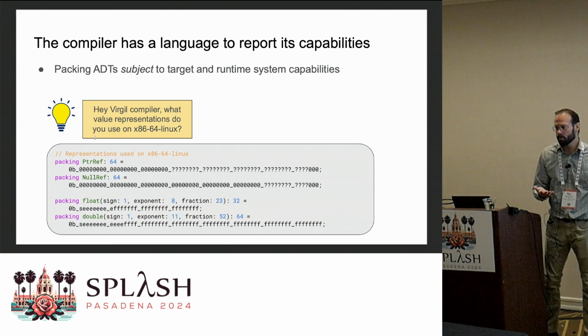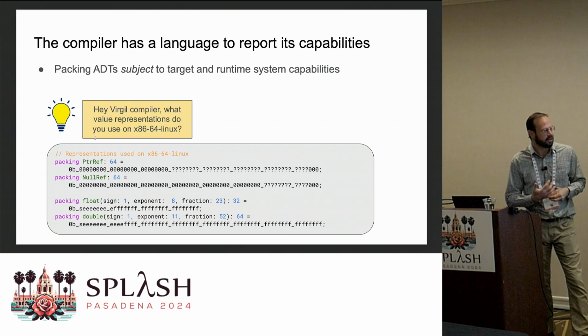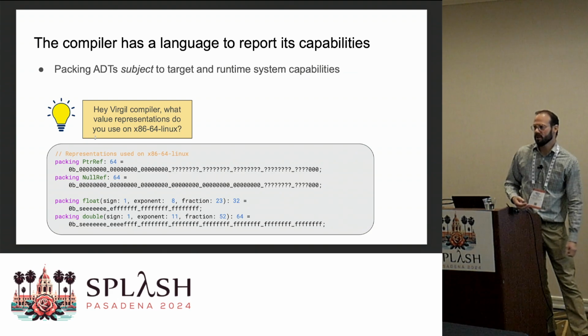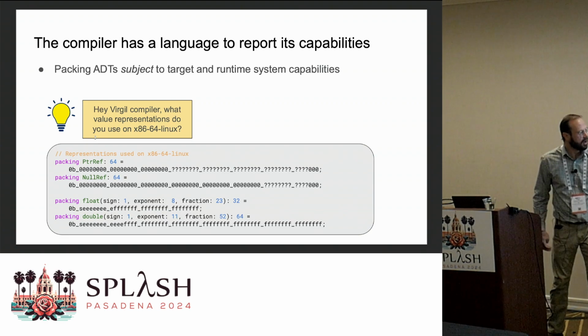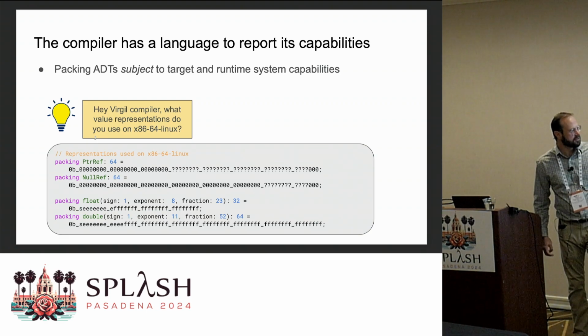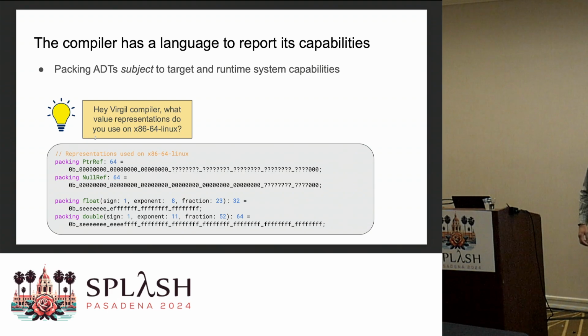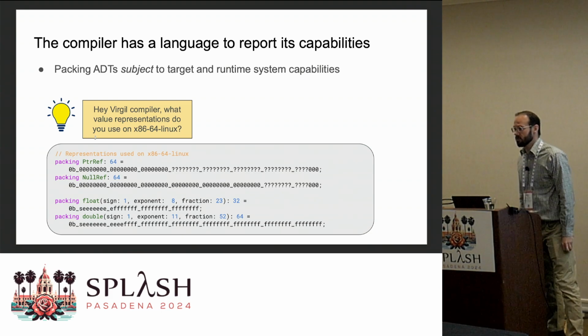So what is the representation of a pointer on that target? The compiler can just print it out for you. So this would be, for example, how are pointers represented in 64 bits? Well, actually, we're using a pretty small heap, so maybe the upper bits are all 0, and then it's going to be all question marks. And it can also tell you they're all aligned, so the last 3 bits are 0.